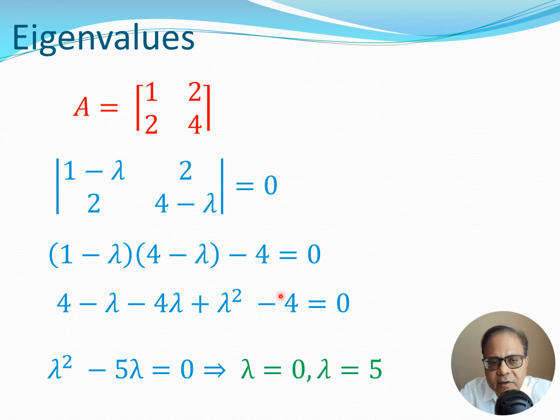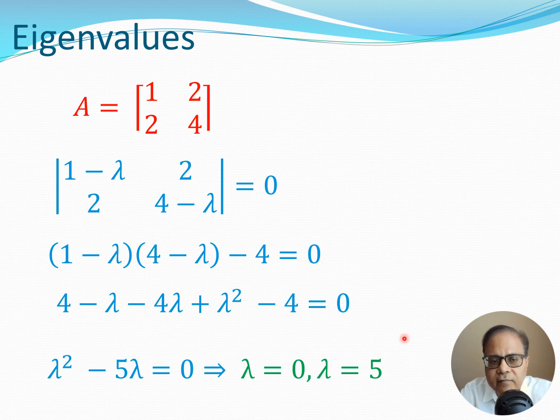So let's get the eigenvalues from first principles before we actually write the code. So again, I have taken the matrix A here, 1, 2, 2, 4. I have taken the determinant and set it equal to 0. So then I get (1 minus lambda) into (4 minus lambda), that is these two, minus 4 equal to 0.